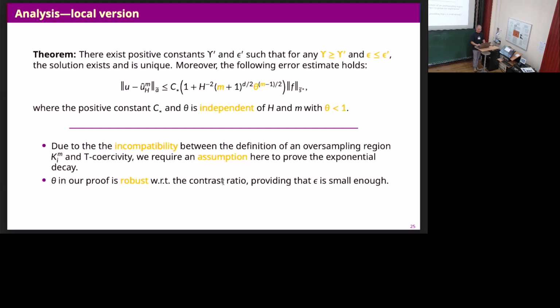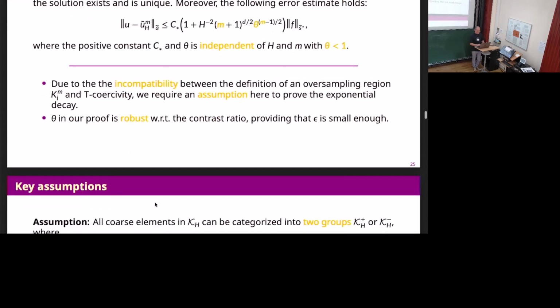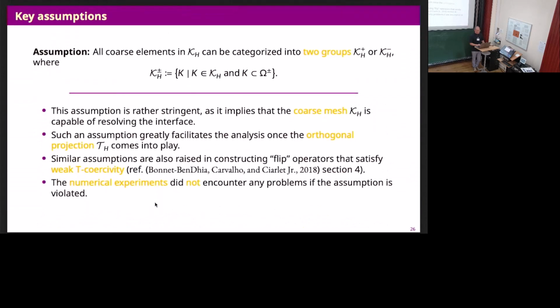To show this theorem, we have to make a technical assumption, which I will discuss. One technical assumption is that the coarse element satisfies this type of condition, which means that the coarse element is either in omega plus or in omega minus. This means that the coarse mesh resolves the interface between omega plus and omega minus.